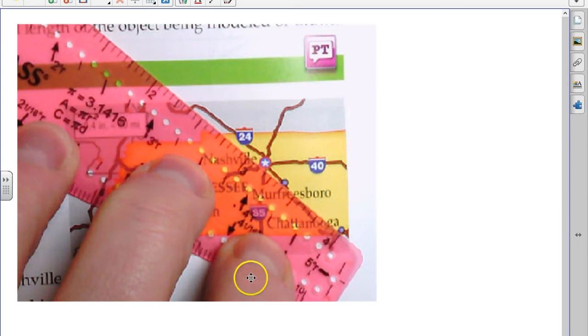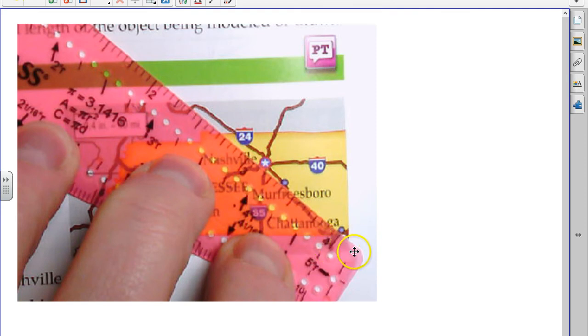One is the paper in that part of the book is bent, so in class tomorrow we'll use a worksheet. But two, I also couldn't fit my ruler with the 0 to 1 inch in here. If you zoom in, you can see this says 4 here and this says 3, so I'm actually using the other side of my safety compass. And I've got to figure out how far it is from Chattanooga to Nashville.